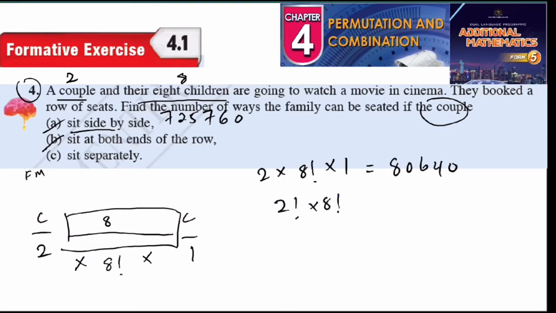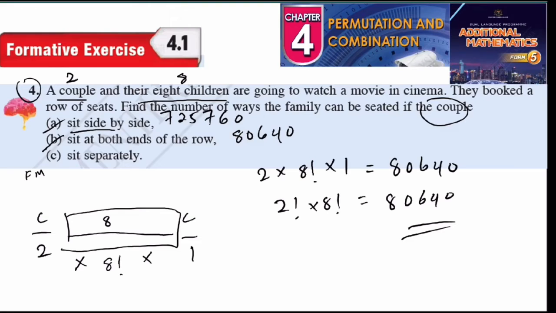So the answer is 80640 ways. If we follow the condition, we will get this answer for B, 80640. Now let's proceed to C.